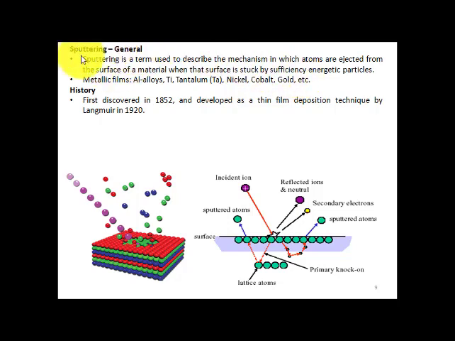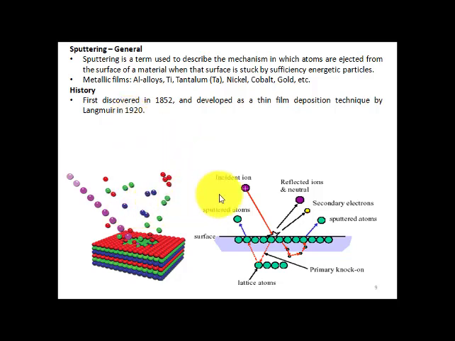This process is used for the growth of thin films like metallic films, for example, aluminium alloys, titanium, tantalum, nickel, cobalt, gold, and other metals deposition. Historically, this technique was discovered in 1852 and developed as a thin film deposition technique by Langmuir in 1920.